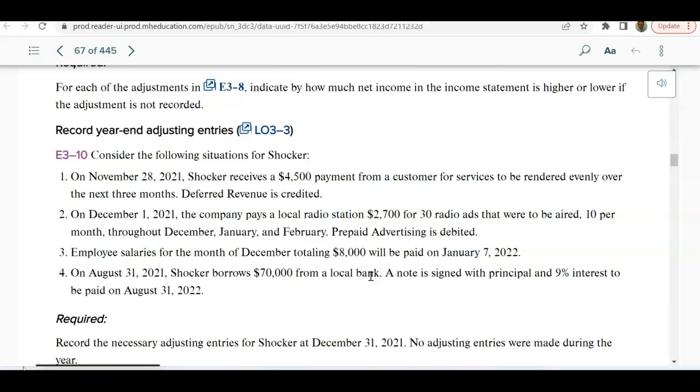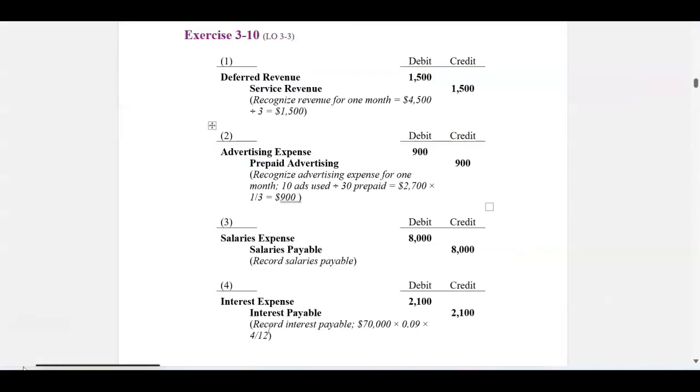Okay, so accrual adjustments of how much? Here we go. $70,000 times 9% times 4 months out of 12 months that has passed. So therefore, it will be $2,100 interest expense debit.